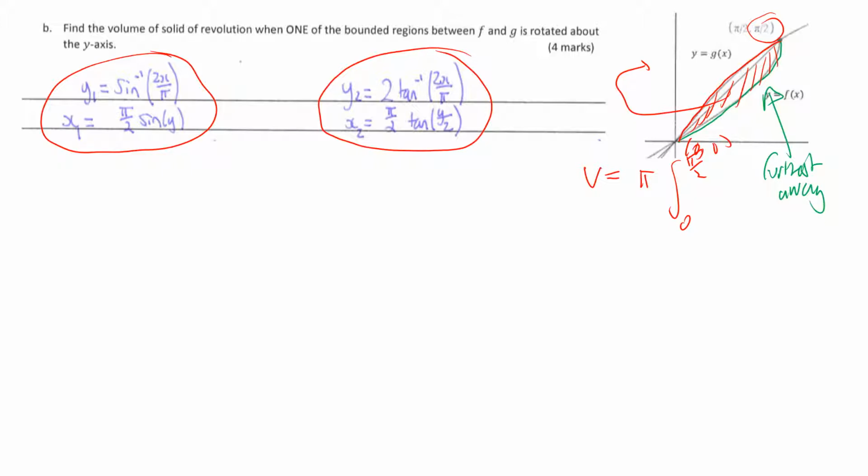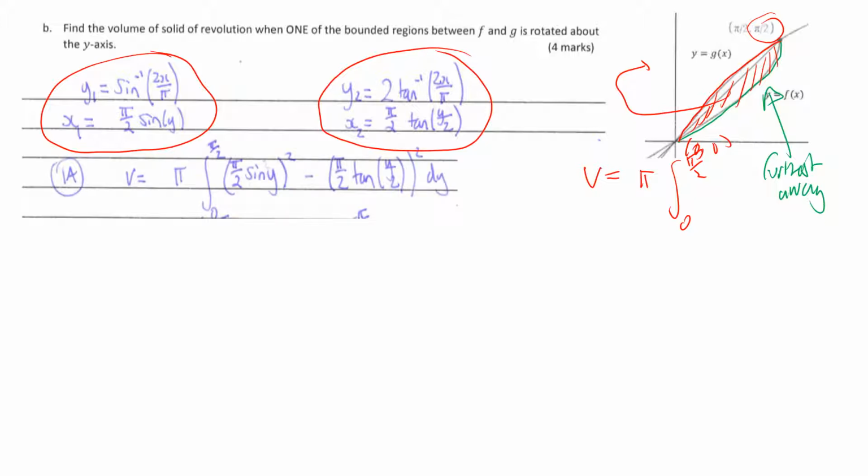So the volume is pi times the integral from 0 to pi on 2 of the first rule, x as a function of y squared dy, minus the second rule, the inverse tan, because it's closer to the axis of rotation. So the axis of rotation being the y-axis. Okay, all right, so then we need to just square it.